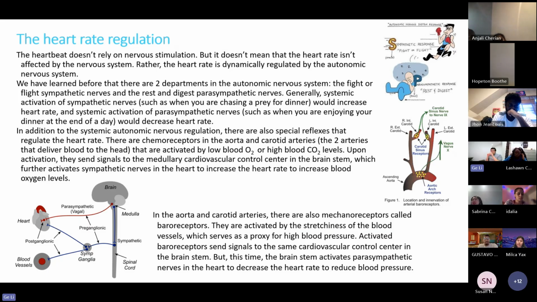At this moment, one thing you want to remember is, do you still remember the sympathetic and the parasympathetic nervous system? Who knows?